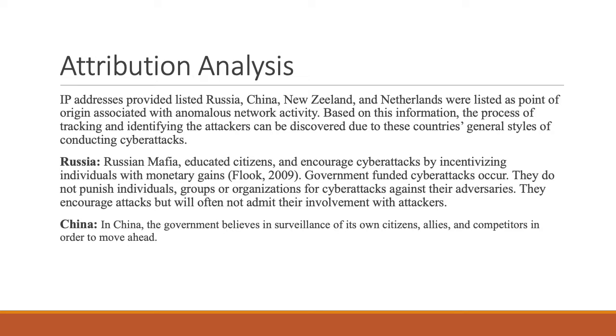So it was discovered that countries like Russia, China, New Zealand, and Netherlands were listed as a point of origin from these IP addresses. Based on this information, the process of tracking and identifying the attackers can be discovered due to the country's general style of conducting cyber attacks.